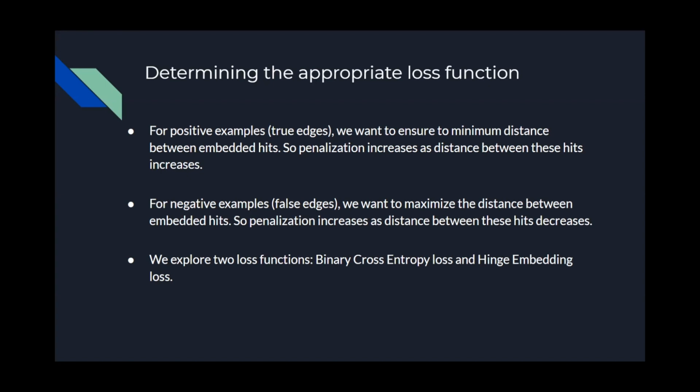So penalization is supposed to increase as the distance between the hits from true edges increases. For negative examples, which are the false edges, we want to maximize the distance between the embedded hits, so you want to apply more penalization as the distance between these hits decreases. I looked at two loss functions to do this: one was the binary cross entropy loss and the other the hinge embedding loss.